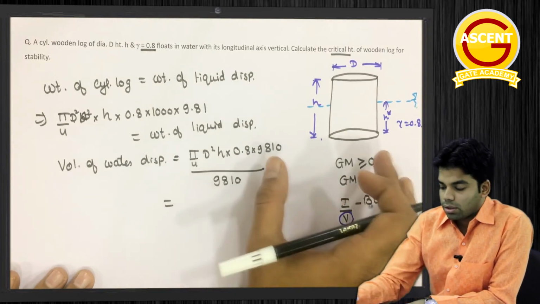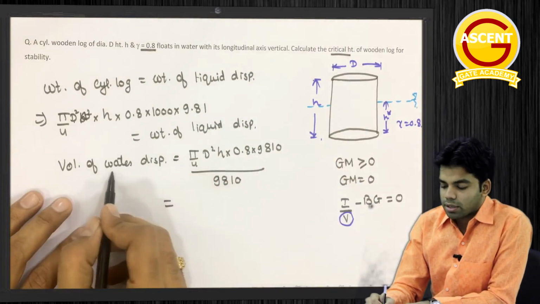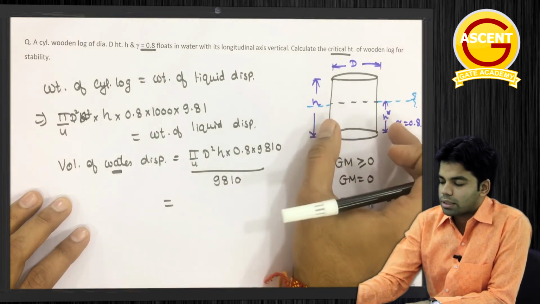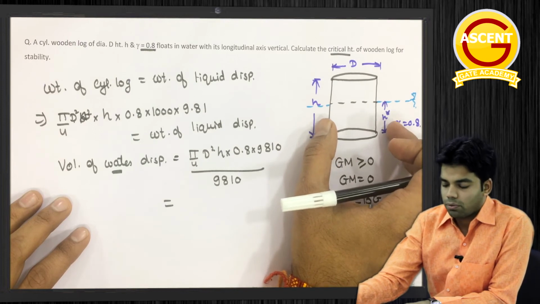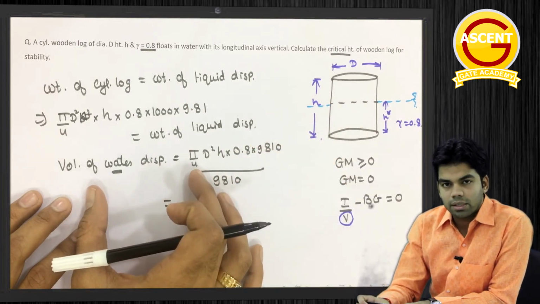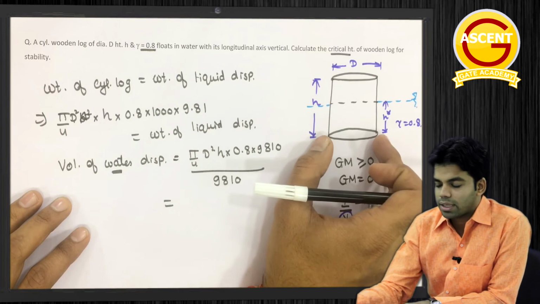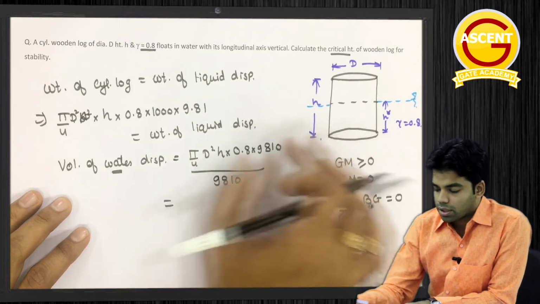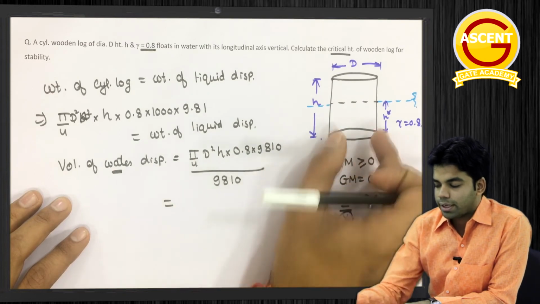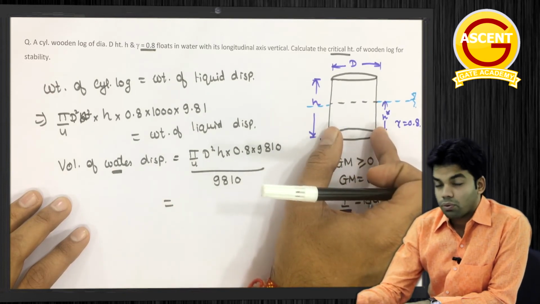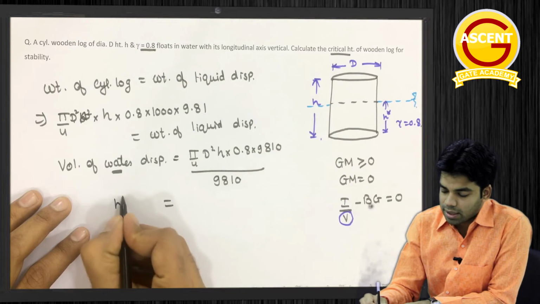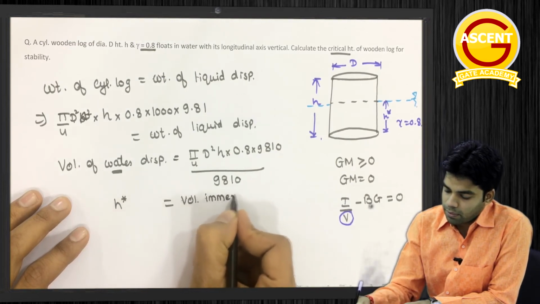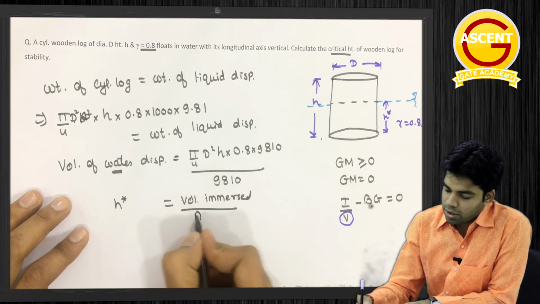Now whatever volume of water is displaced is nothing but the volume of the cylindrical log which is immersed inside the fluid. So what is the height immersed, which is H star? This is nothing but volume immersed divided by area of cross section.